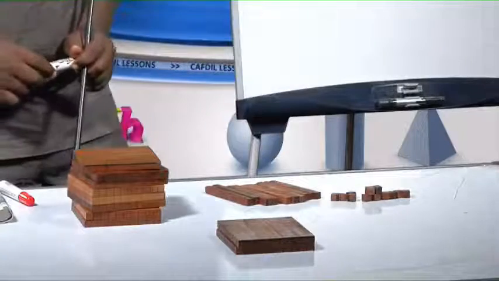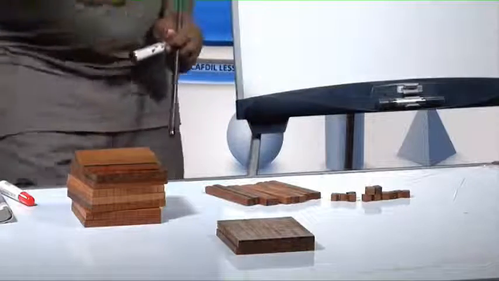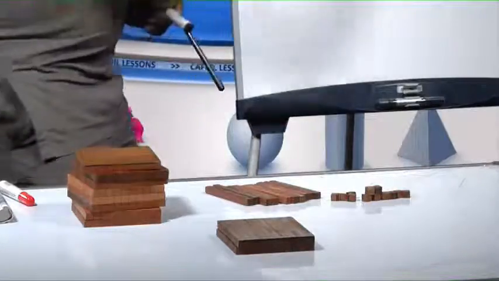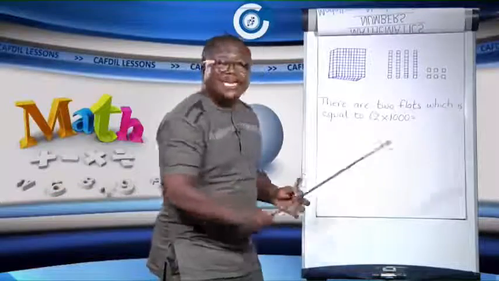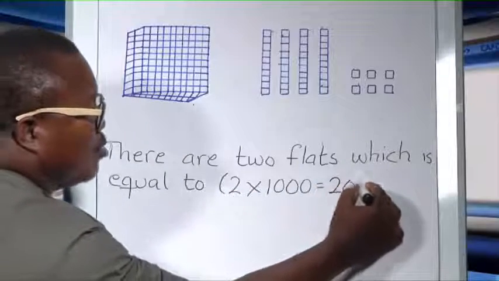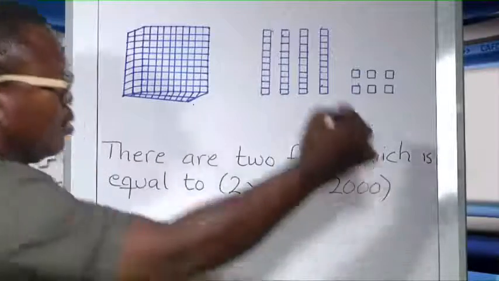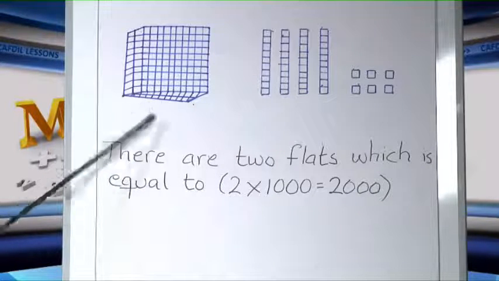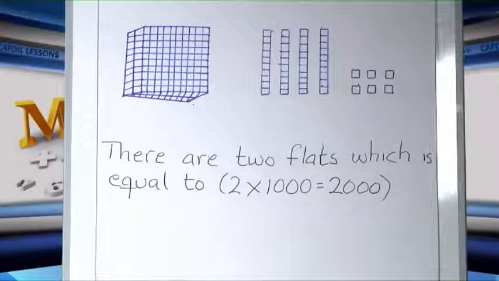So it will be what? 2 of them. So it's going to be 2 times 1000, which will be 2000. So here with this flat, you have 2000 there.